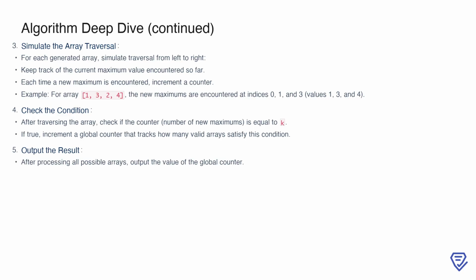As you traverse, the new maximums appear at indices 0, 1, and 3, corresponding to the values 1, 3, and 4. Once the traversal is complete, you compare the counter, which represents the number of new maximums, to the target k. If the counter matches k, you increment a global counter that keeps track of how many arrays meet this condition. Finally, when all arrays have been processed, the value of the global counter, which represents the number of valid arrays, is returned as the result.